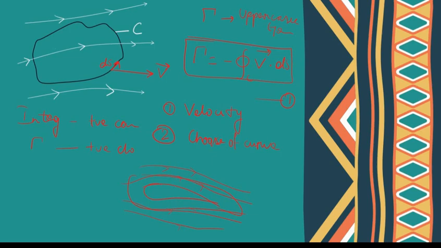Now we have one more concept coming up, that is about the relation of circulation and vorticity. So now let us look at how circulation and vorticity are related. Let us consider an open surface which is bounded by a closed curve.